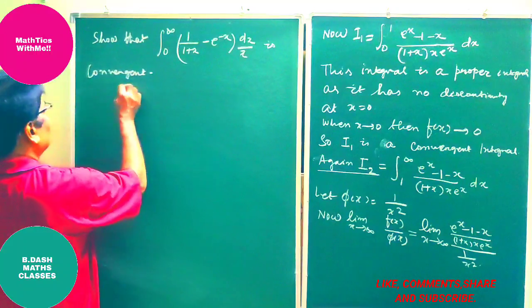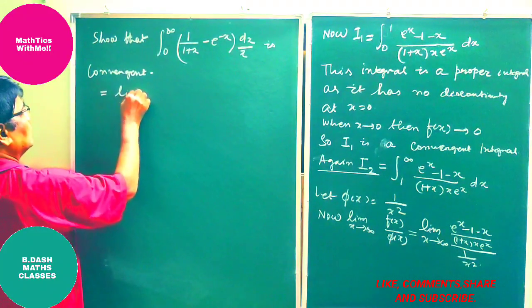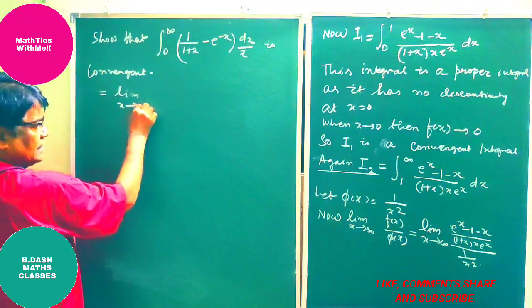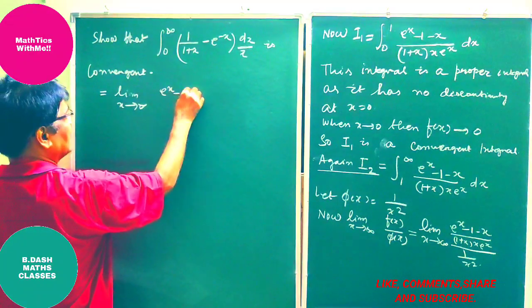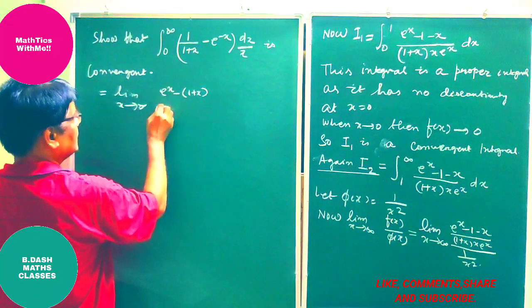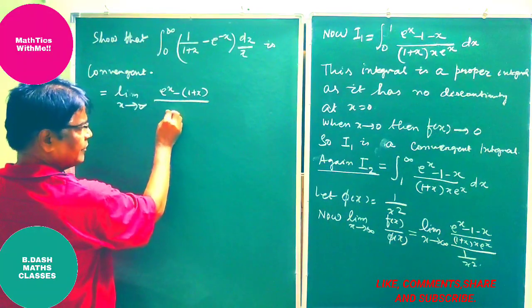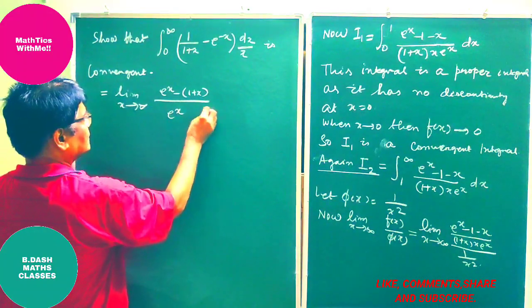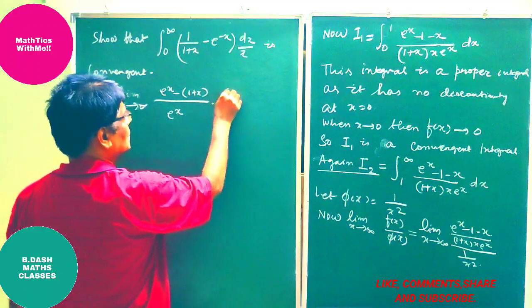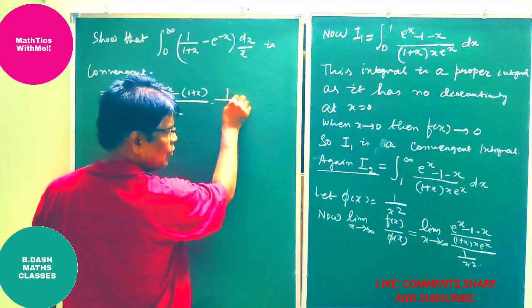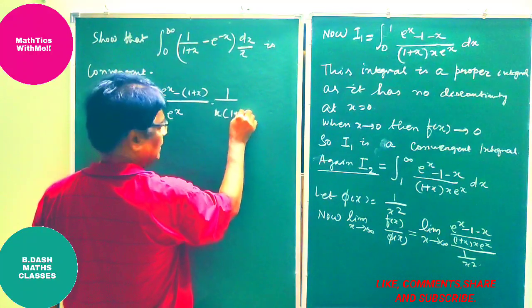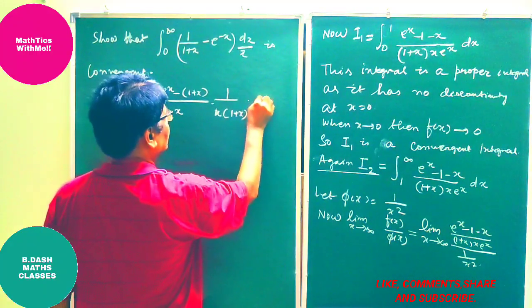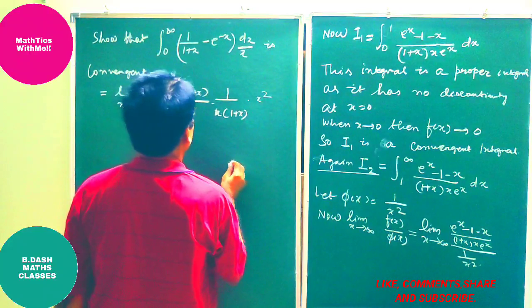Then that is equal to the limit as x tends to infinity of (e to the power x minus 1 plus x) by e to the power x into x by (1 plus x), here x square.